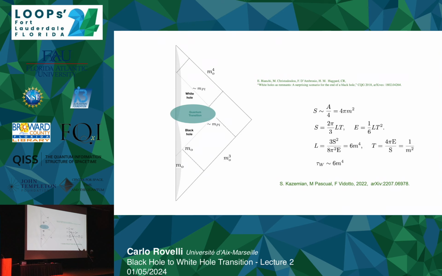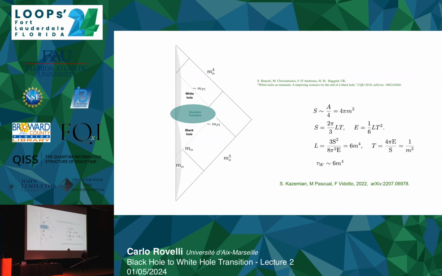So you can compute the length and you get m to the 4, because there's m coming in here. So that means that you need the energy at least to be radiated over m to the 4, which means that you need a time in which you have to fill it, which means that the lifetime of the white hole should be at least m0 to the 4th, where m0 is the original mass, to get conservation of entropy, okay?